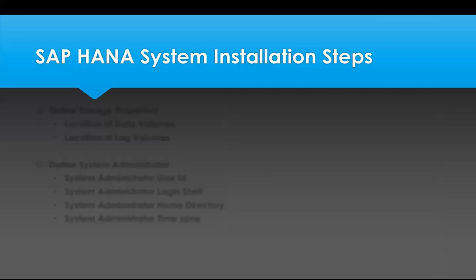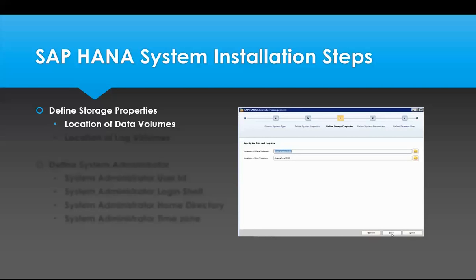So once you are done with entering the system properties, that is installation path, system ID and instance number, you have to define the storage properties. In that case, you have to specify the location of log and data volumes.